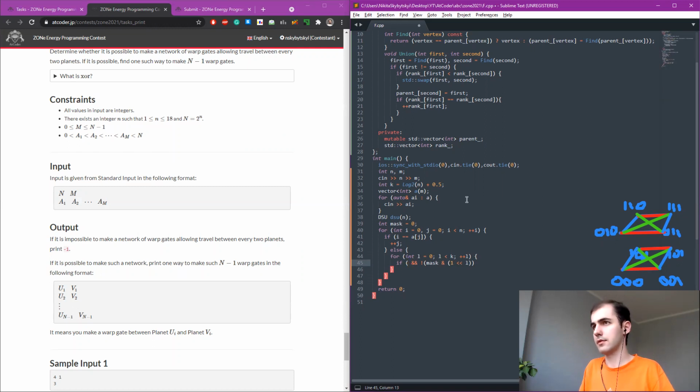And if I has this bit turned on, if it's banned, then we skip it. If it's not banned, like if it's banned, then we skip it. Also, I should put the index for array A and smaller than M, I believe, should be here. If it's turned on and it's turned off in mask, then I need to add it to mask.